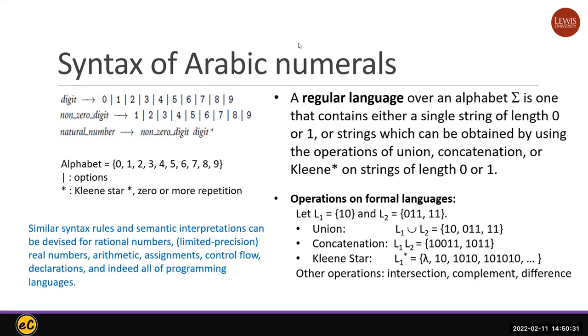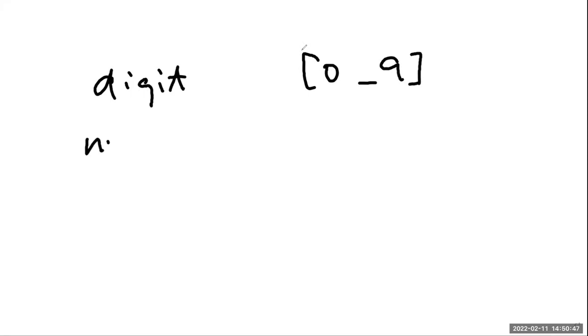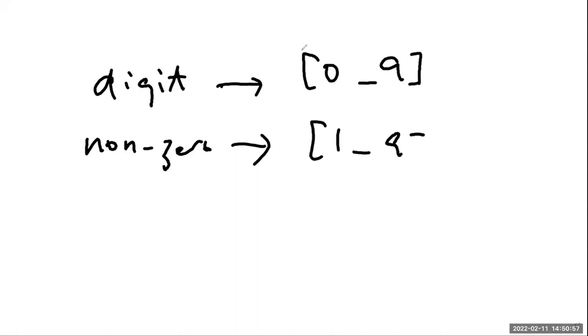So basically you have digit, and digit can be defined as 0 to 9. If we are using regular expression, this is 0 to 9. And non-zero digit will be 1 to 9.